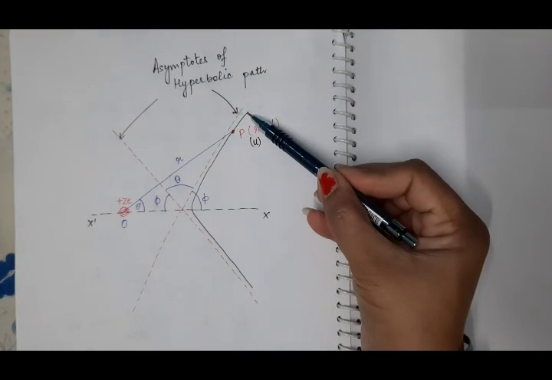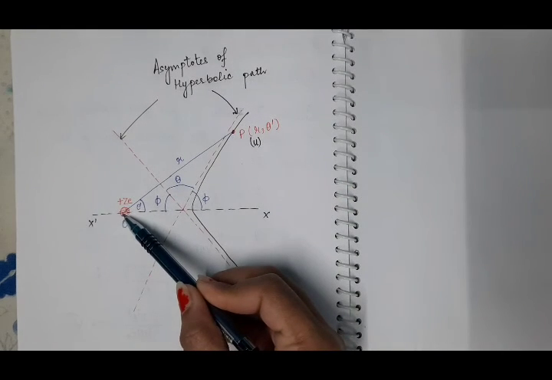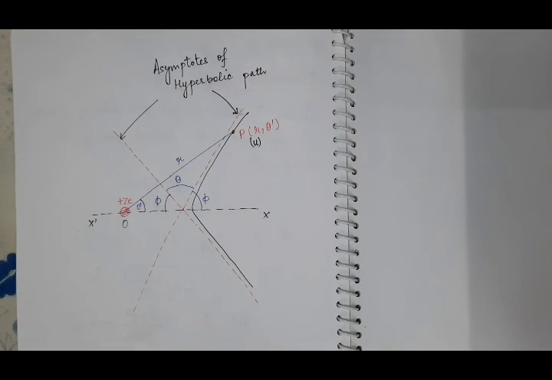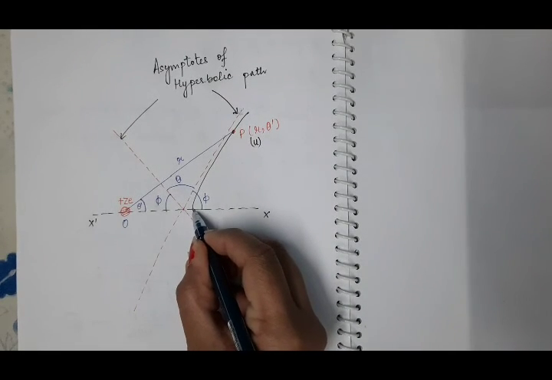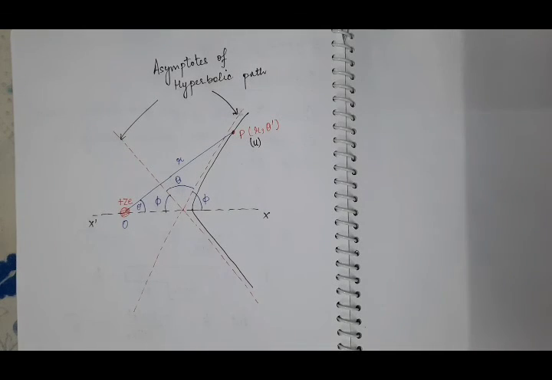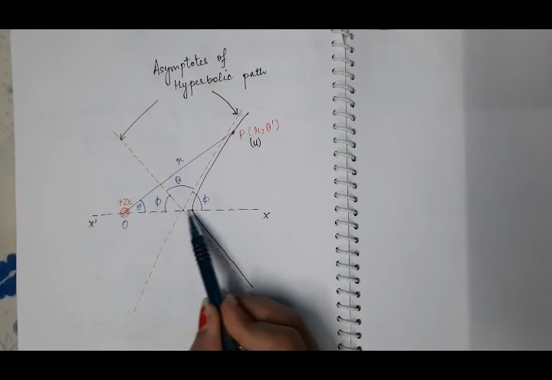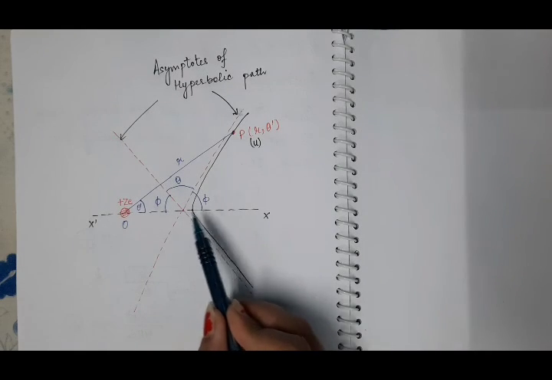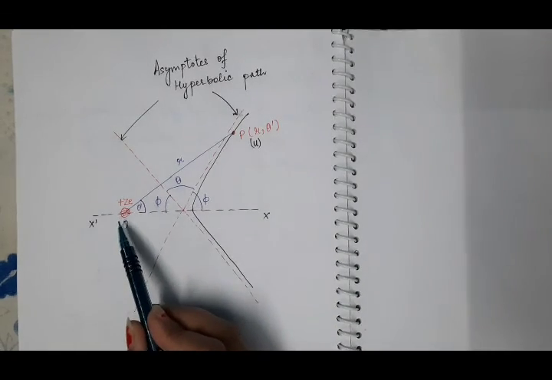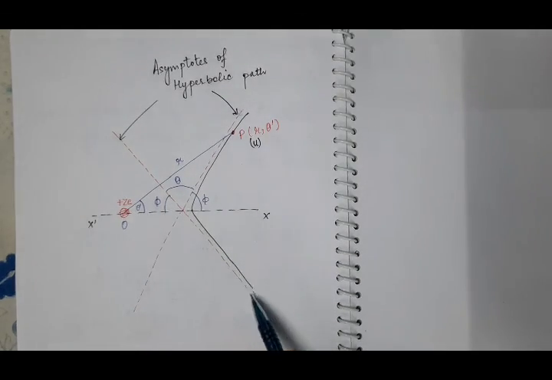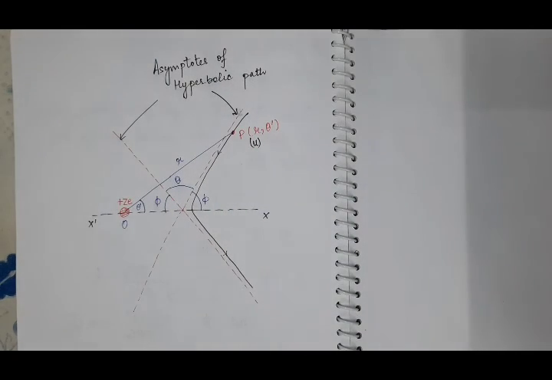Now see, as this positively charged particle approaches the positively charged nucleus, the force of repulsion between them will increase. And at this point, the force of repulsion between them is maximum. So this is the distance of closest approach. And at this point, this positively charged particle will be elastically scattered by the nucleus. So it will move back to infinity after scattering.